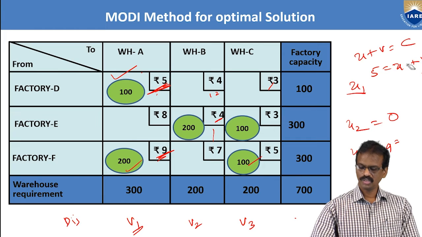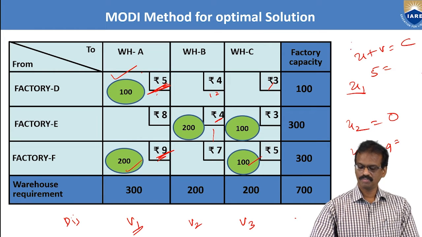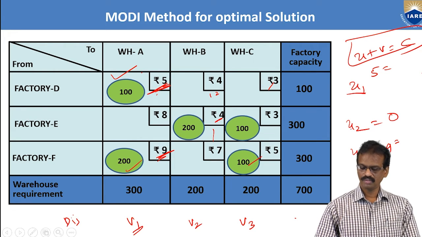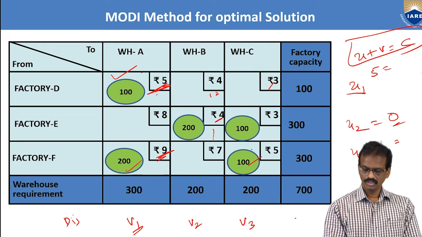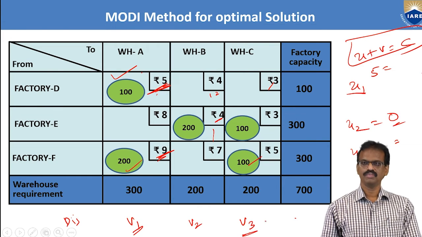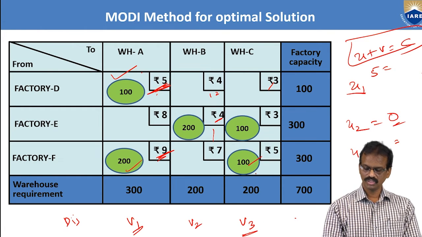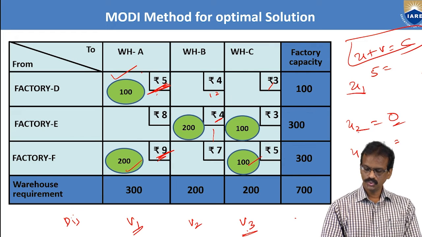Based upon this relation, you have to find out the values. First of all, I take this as 0. If it is 0, what is the value of this one? Because you know that v3 plus u2 is equal to 3.